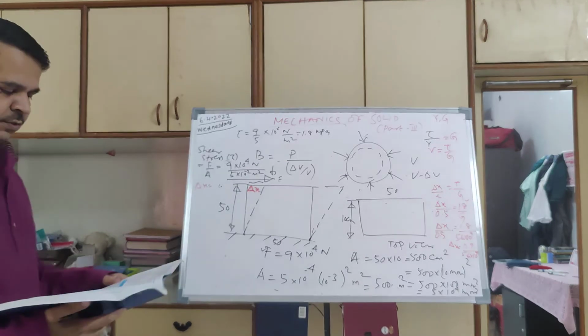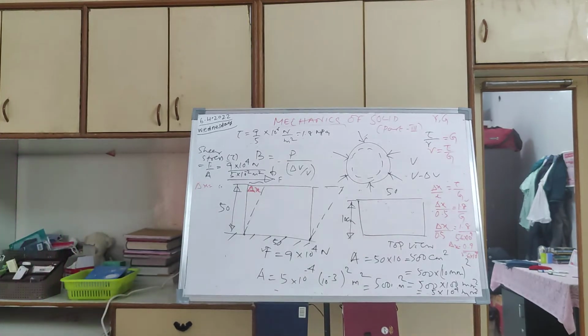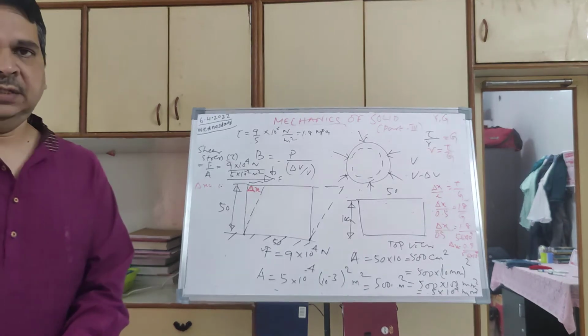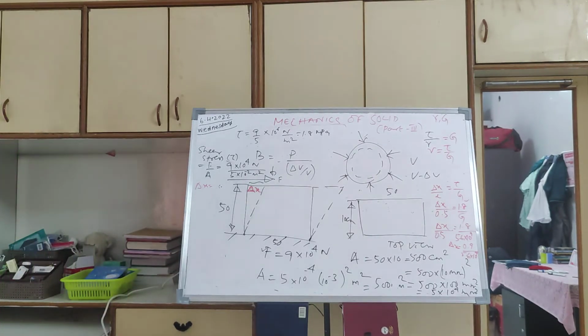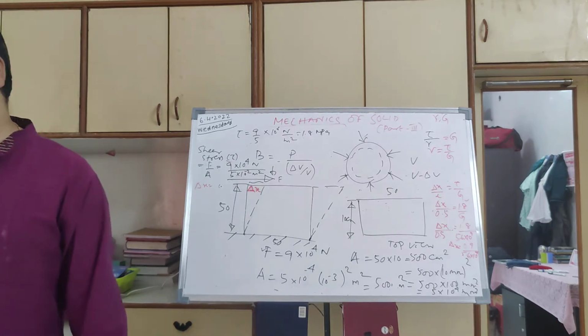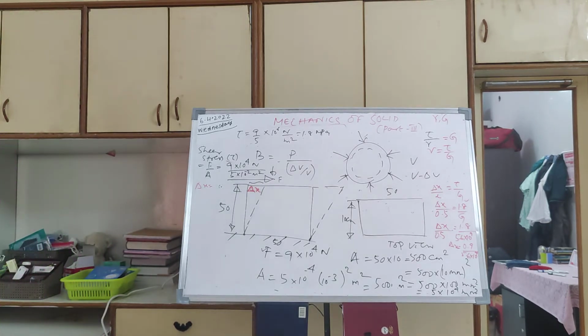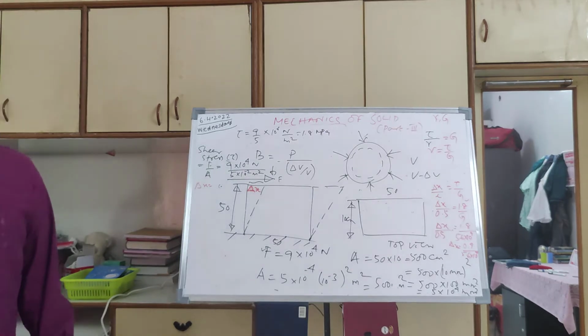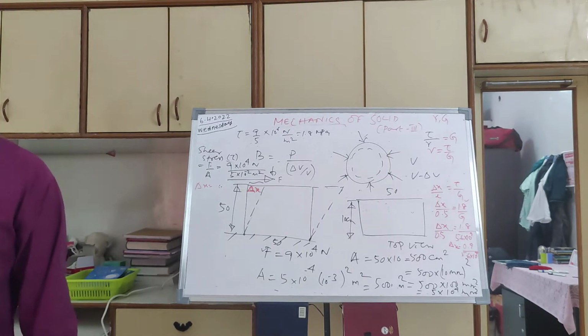Similarly, we have some more numericals on Young's modulus, or on the bulk modulus and many other things which can come in your CET or any other entrance examination. So there can be numericals on Young's modulus, on rigidity modulus, and on bulk modulus also.